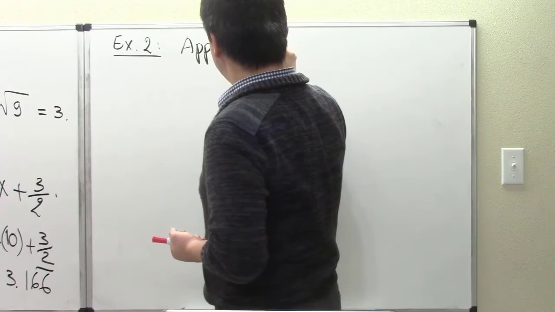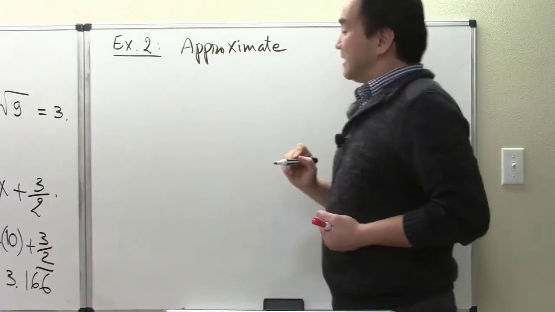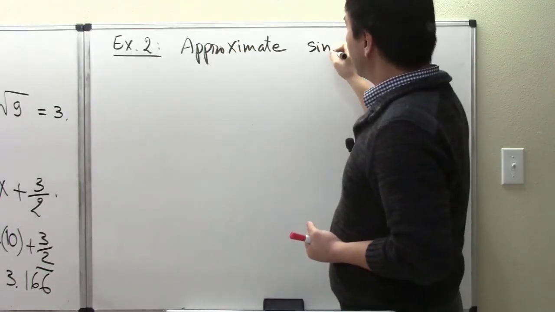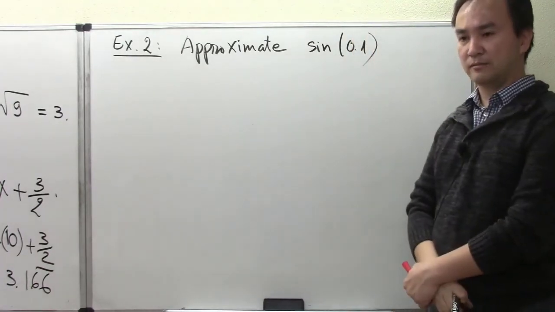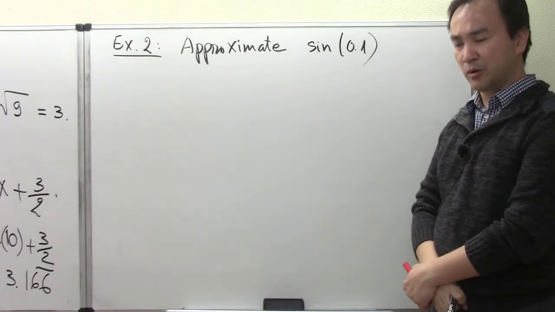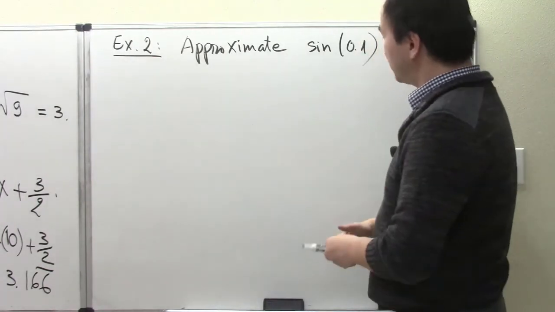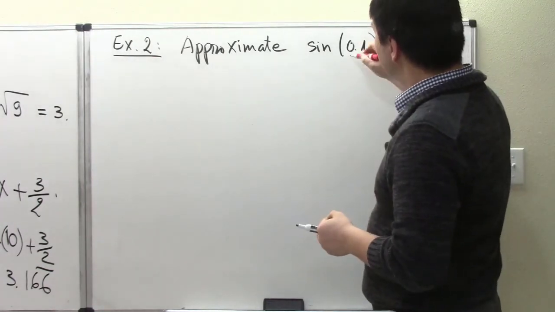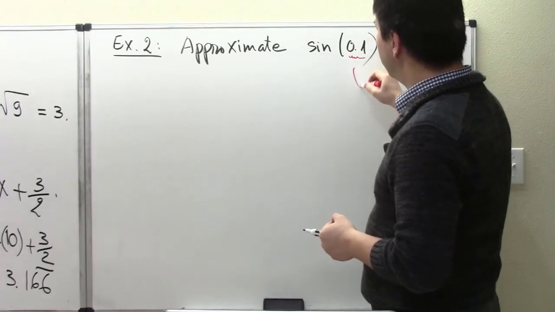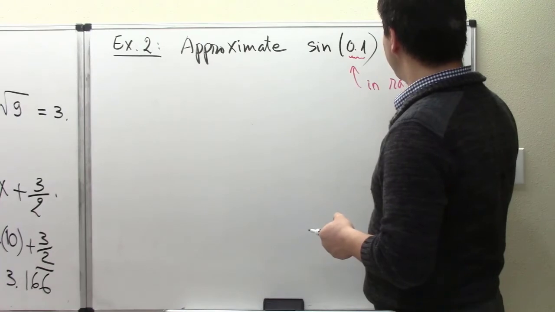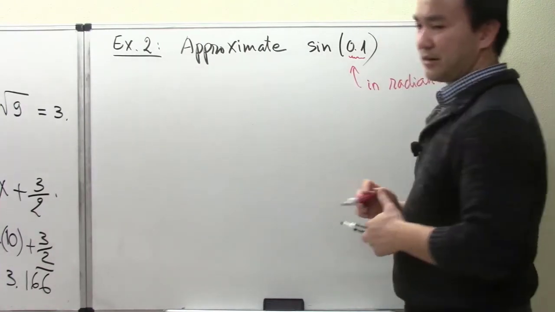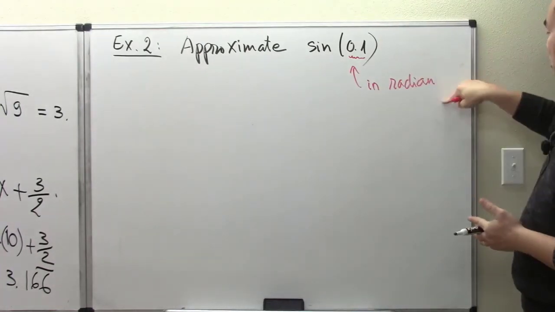So that's why I'm introducing this next problem. Very similar kind of problem. We want to approximate sine of 0.1. Another note right here: that value is in radians.